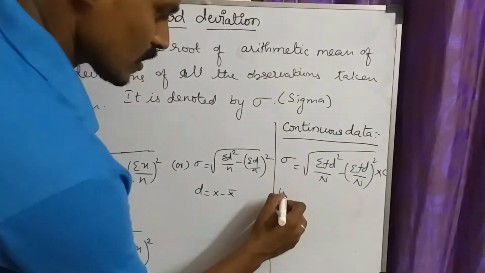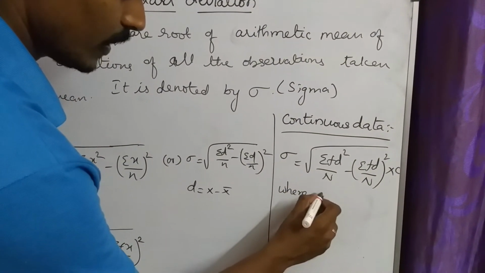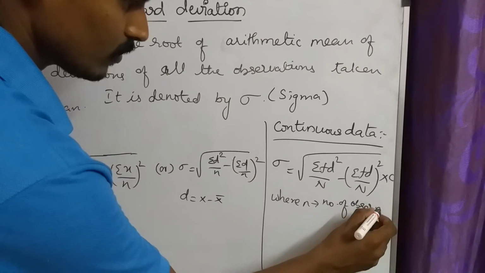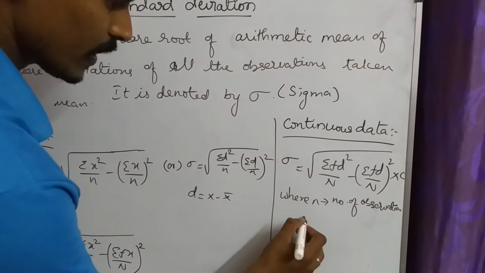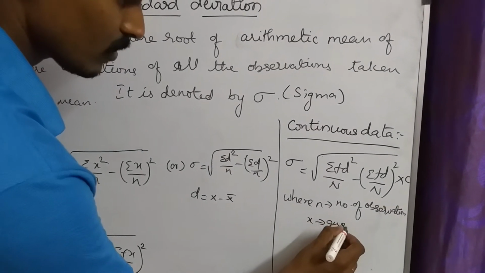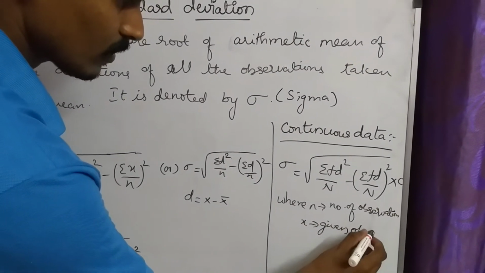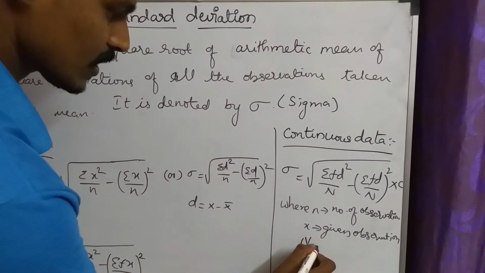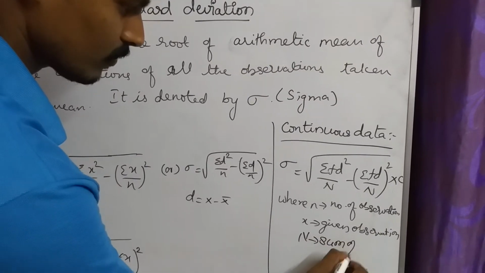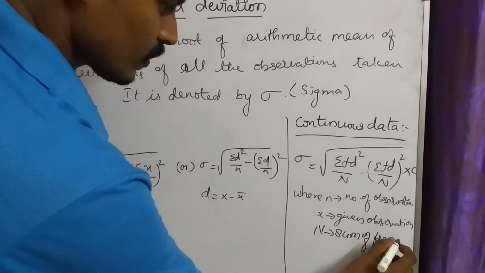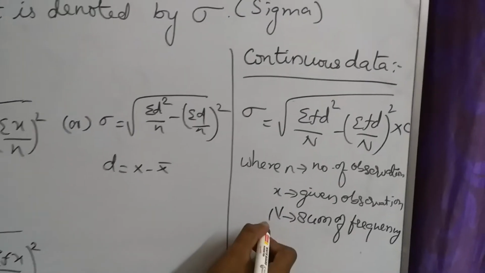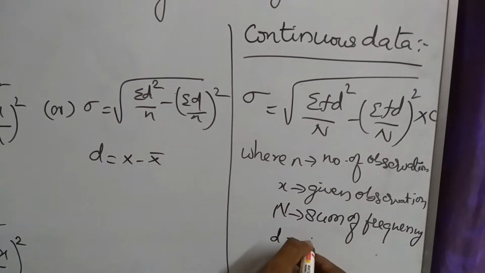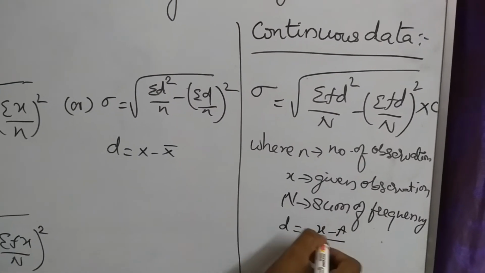See, where n is the number of observations and x is the given observation, and capital N is the sum of frequency, and d equal to x minus a divided by c.